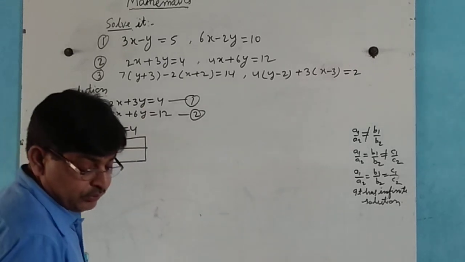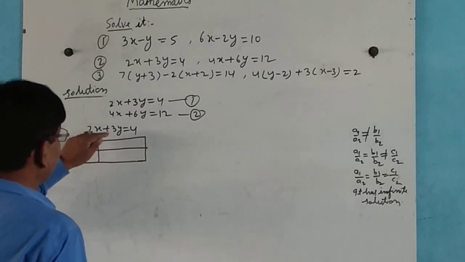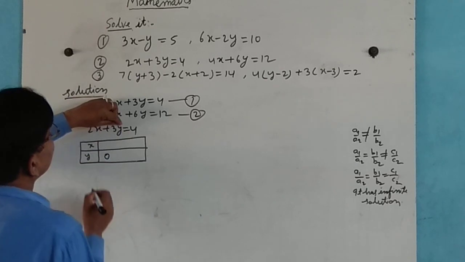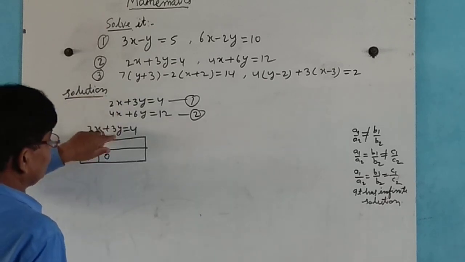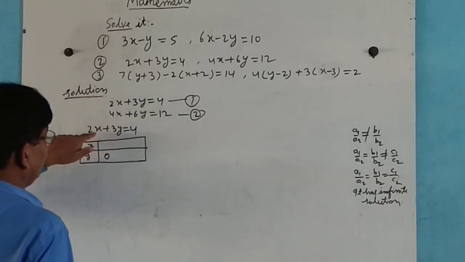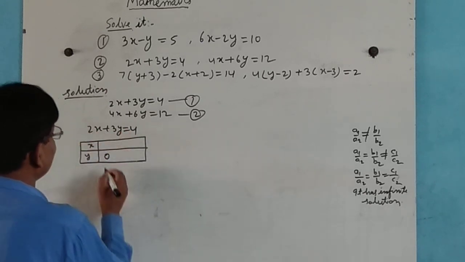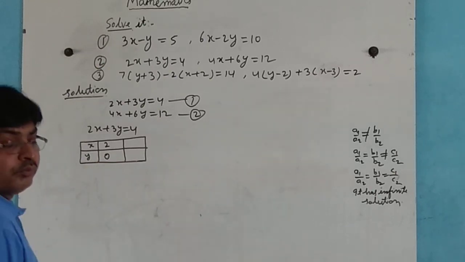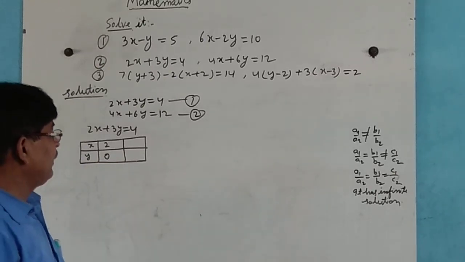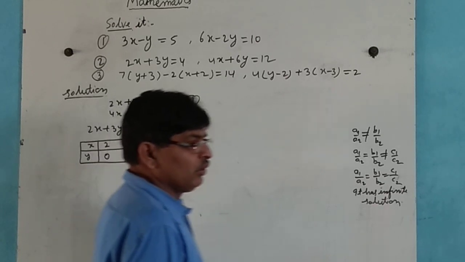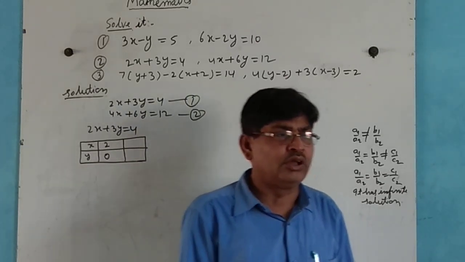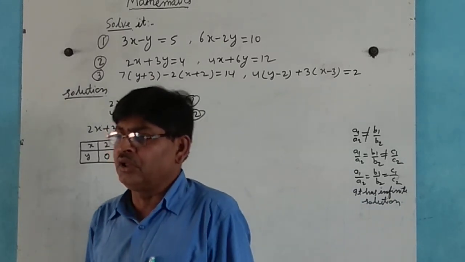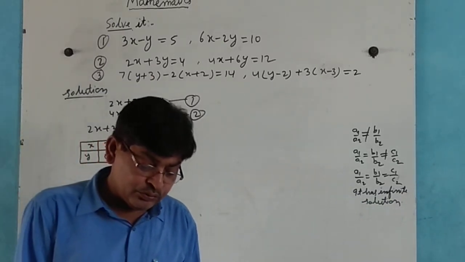If we put y equal to 0, this quantity becomes 0 and x equal to 4 by 2. We put values of x as we like: 0, 1, 2, 3, 4, 5, 6, 7, minus 1, minus 2, minus 3, minus 4 and so on.